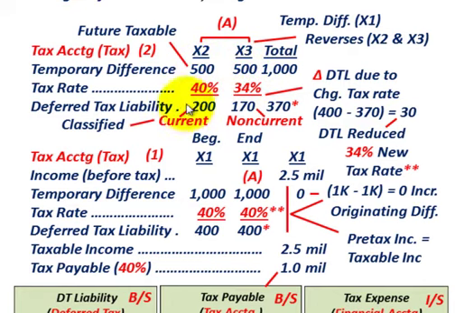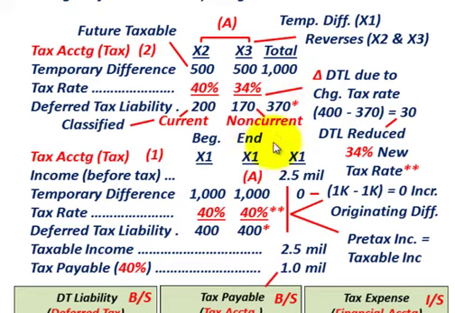But it also changes our deferred tax liability. We had that $200,000 for year X2, but because of the change in our tax rate, it's down to $170,000 in year X3, because it would have been $200,000 had the tax rate remained at 40%. So now we're sitting with our total tax liability of $370,000.